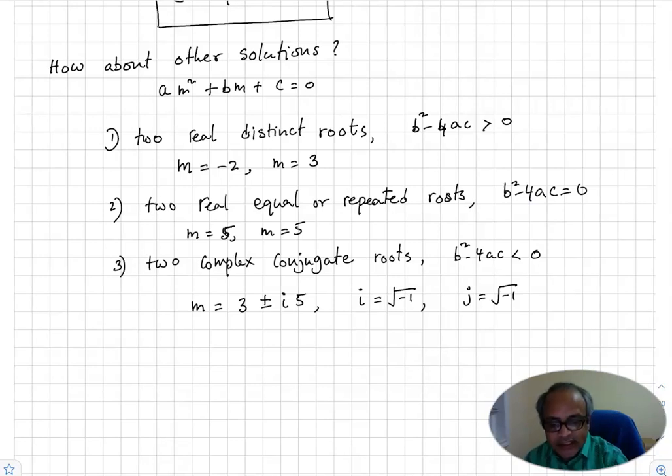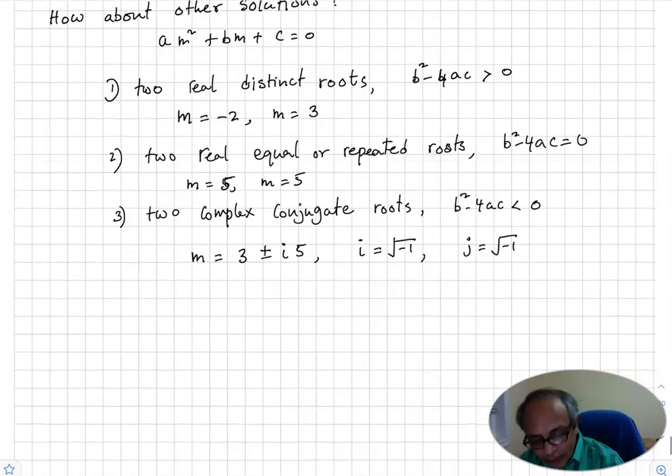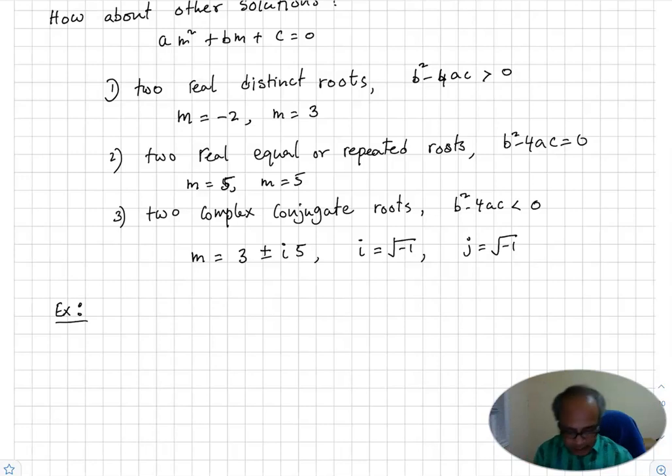The first number is the real part and the second number is the imaginary part. So what happens when the roots are repeated or imaginary? That is what I'm going to show you with a few examples, and then I will tell you what to do, instead of discussing the theory in advance. So I'm taking an example.